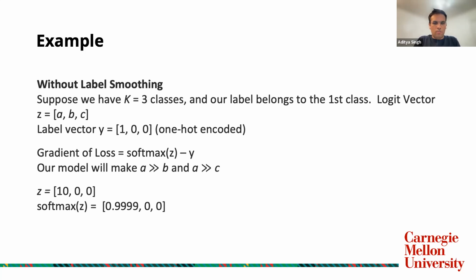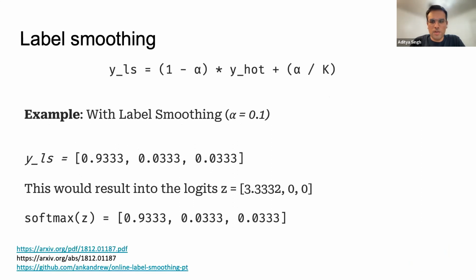To do that, our model will just try to increase A, which will naturally always force B and C to decrease. That may not always necessarily be the way to go about doing gradient descent. What can happen is our network just becomes very confident about one class and is uncertain about others. So one thing we can do to smoothen this whole process is label smoothing.